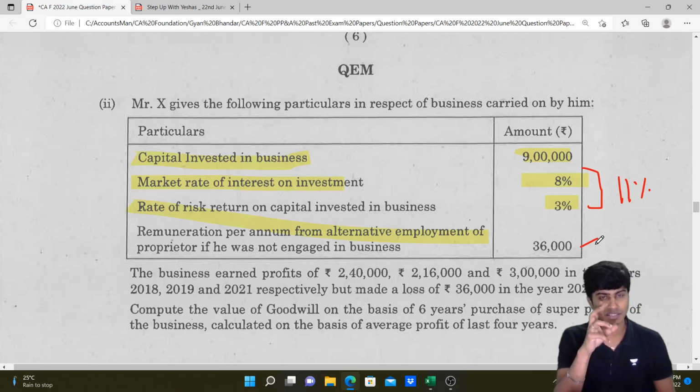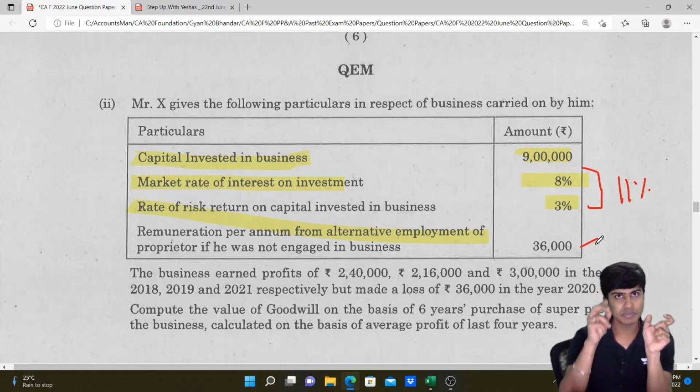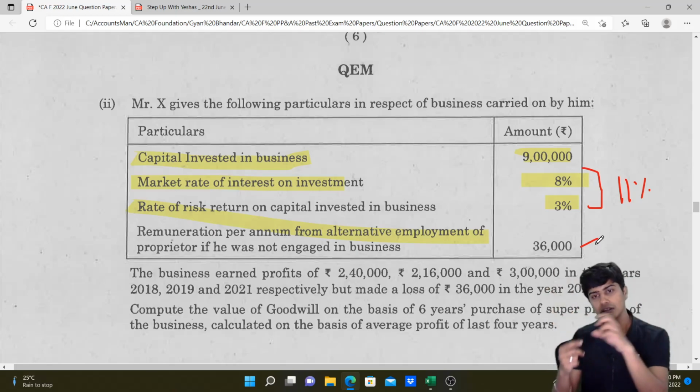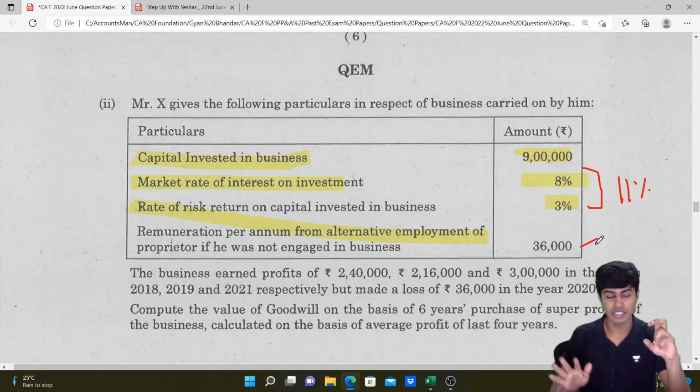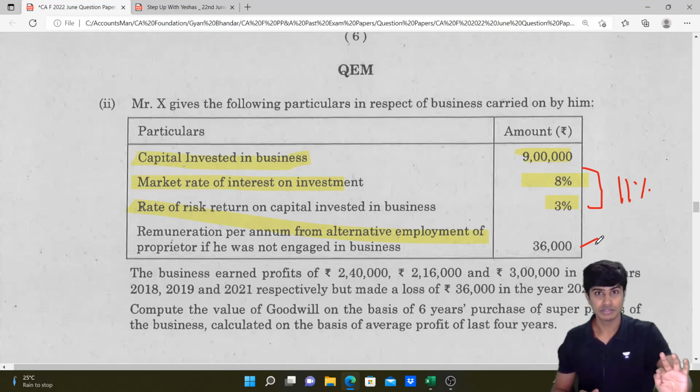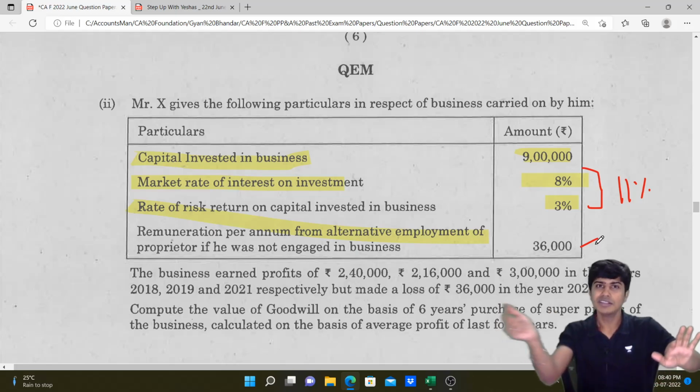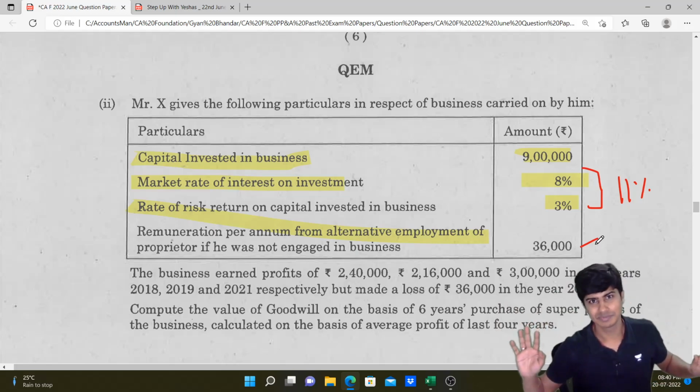When we want to find the adjusted average profit, each individual year's profit is there. From that deduct 36, 36, 36, 36, 36. Take the adjusted profit and then find the average. First method. Second method, total the profits before adjusting 36. Take the average, that is by dividing by number of years. Then deduct 36 only once.